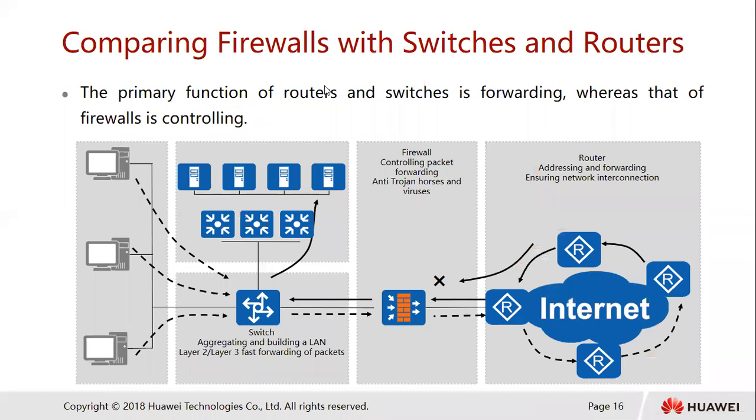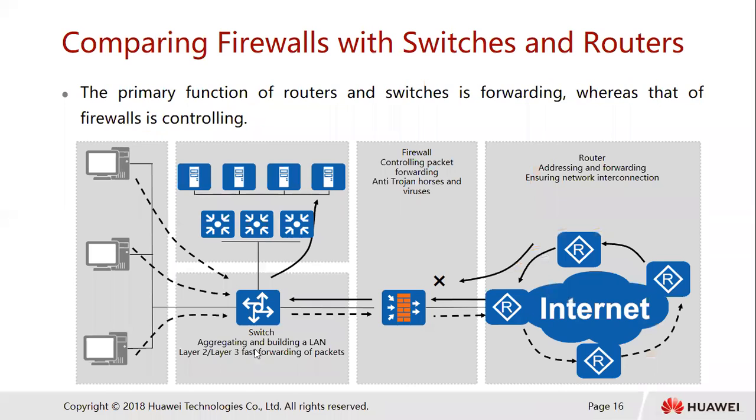Okay, so comparing firewalls with switches and routers, the primary function of switches and routers is forwarding, whereas that of firewalls is what? Controlling traffic, okay? So you can see here, this is the switch.